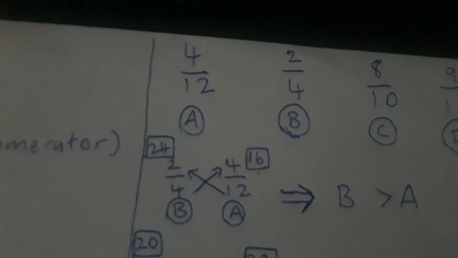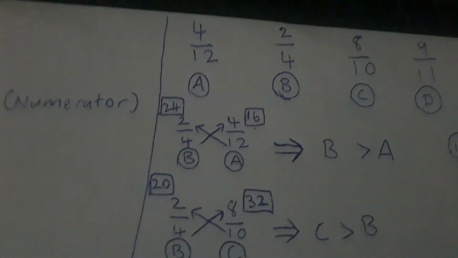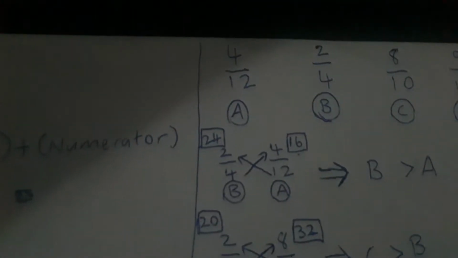To compare fractions, the first thing we need to do is cross multiply. For the first two fractions, I'm going to compare B, 2 over 4, to A. What that means is you put the fractions next to each other like this.